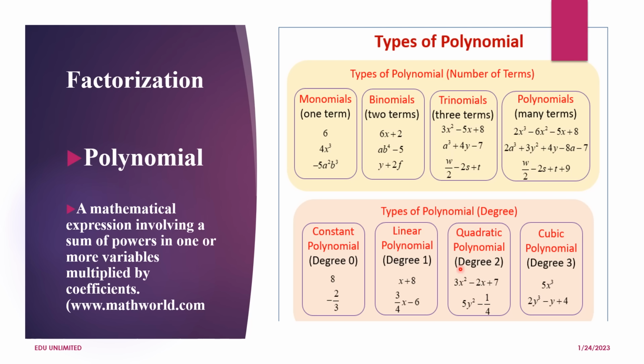For example, 3x squared minus 2x plus 7, where x squared is a degree of 2. And then we look at a cubic polynomial, which has a degree of 3. For example, 5x cubed has a degree of 3 because x is raised to the third power.